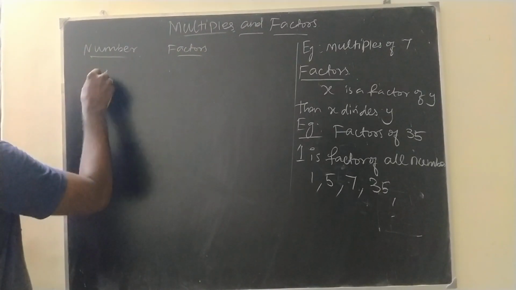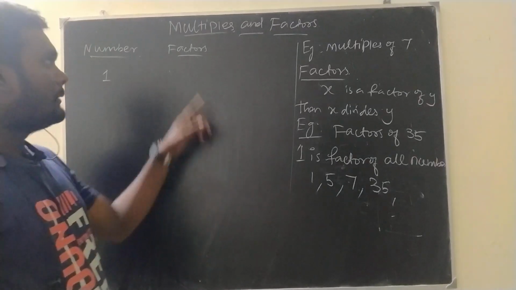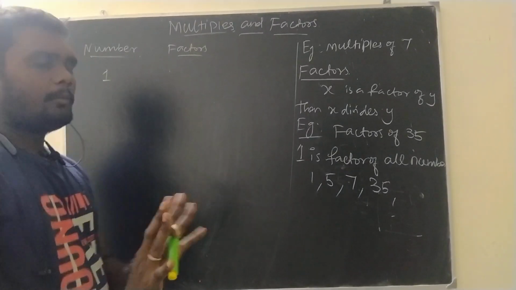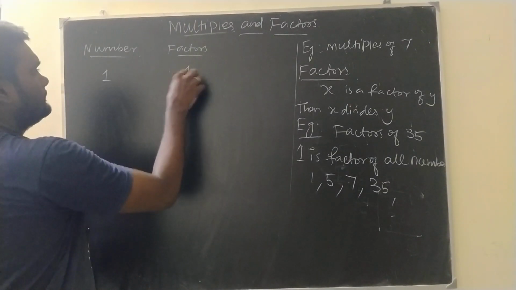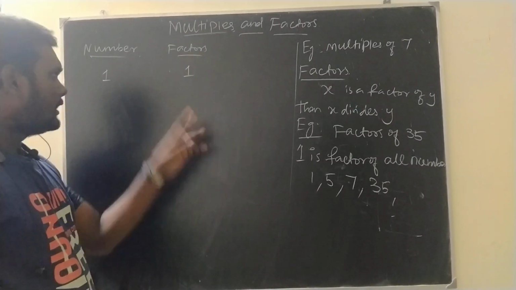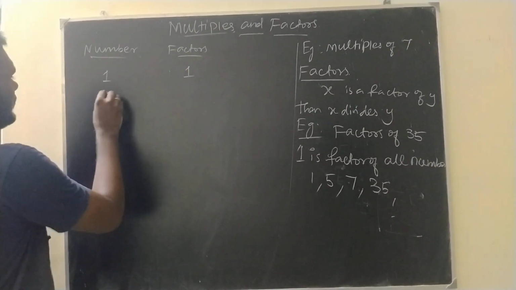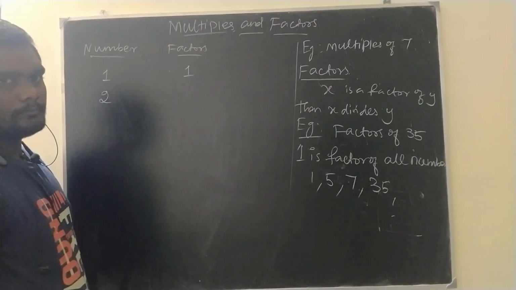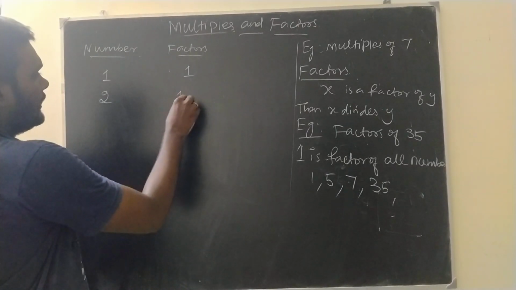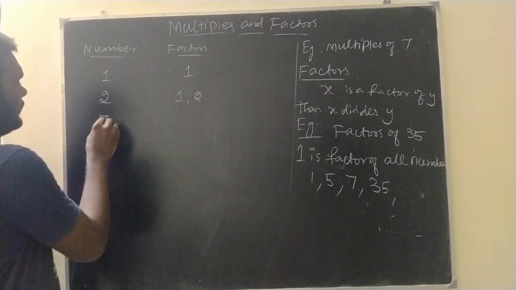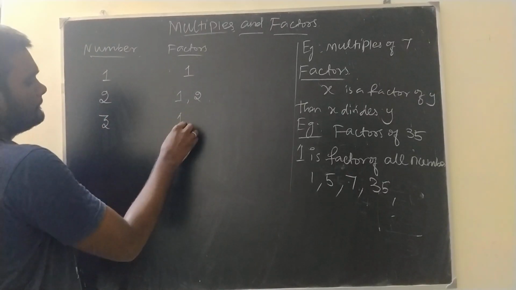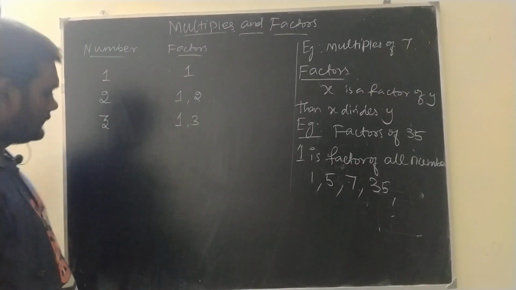The number 1. What are all the factors of the number 1? Only 1. Nothing else. Apart from 1, no other number will divide 1. What are all the factors of 2? 1 will divide, 2 will divide. The factors of 3? 1 and 3.